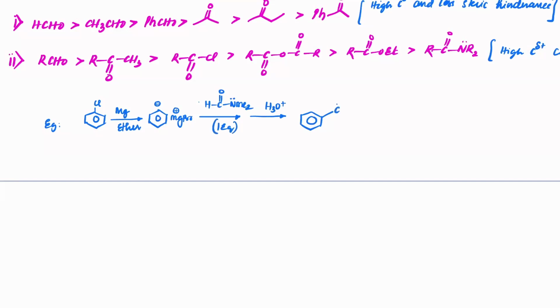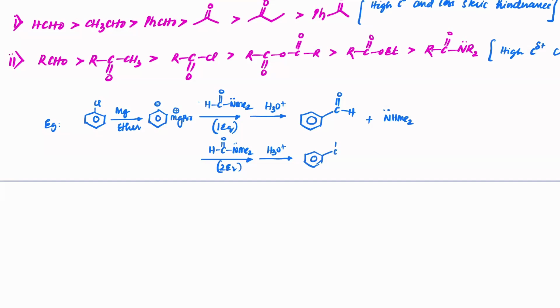So if I take only one equivalent, I will get this as C double bond OH plus NHMe twice. Correct? Suppose in the same question, if I take two equivalents of HC double bond O NMe twice, followed by hydrolysis.